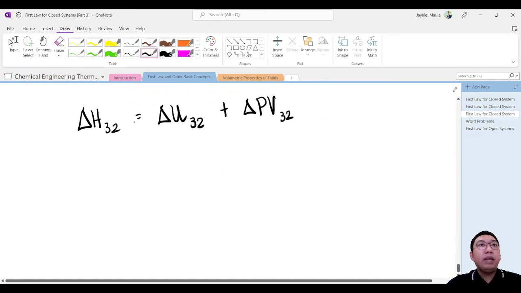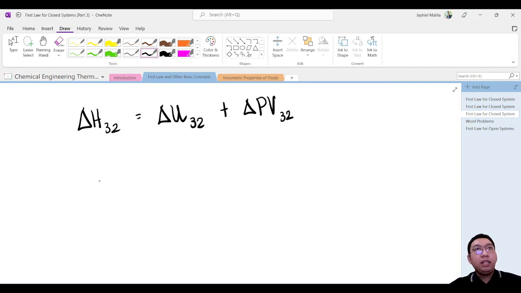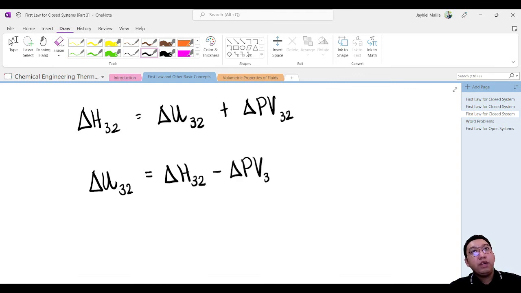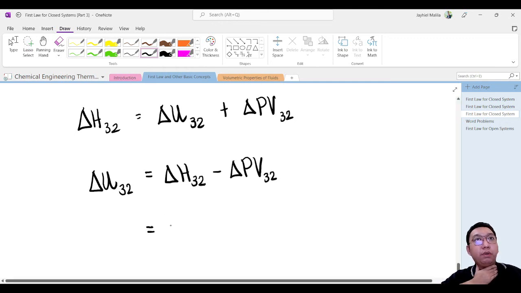Okay, so through mathematical manipulation, we can get a relationship between delta U and delta H to be delta U equals delta H minus delta PV. This is constant pressure, right? So we can employ some simplifications in the mathematics to make our lives easier. So to continue, you have the value for delta H32.